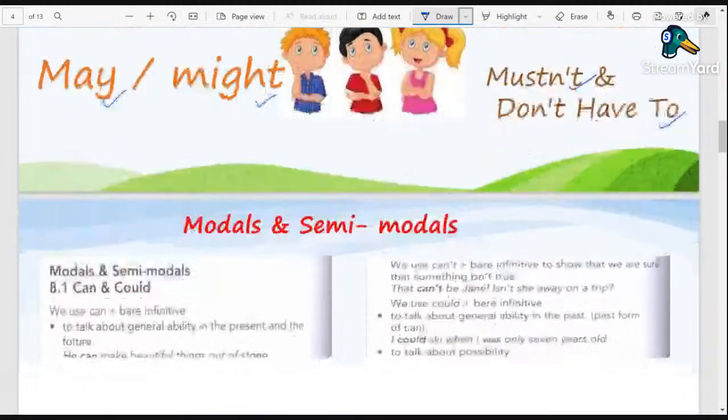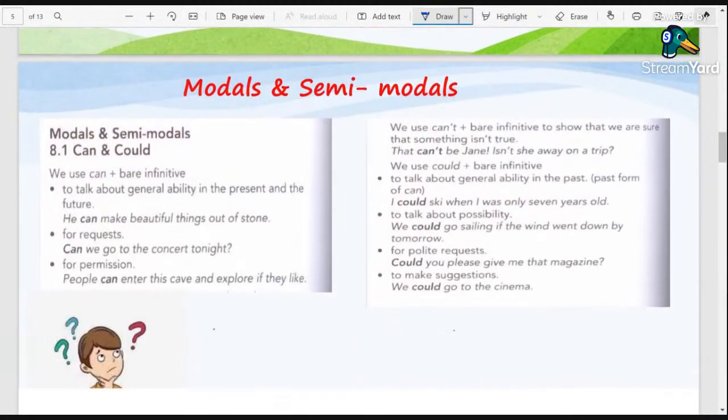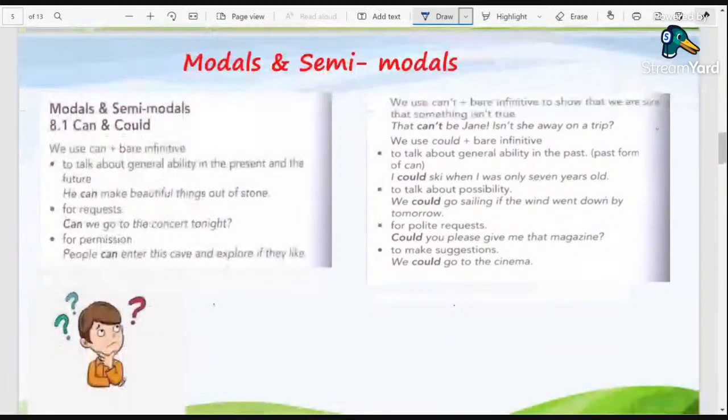So let's look at the first thing here. Okay, as you can see here, modals and semi-modals, can and could. We use can plus bare infinitive. Okay, maybe this is the first thing that we have to get clear lah. Biasanya we use can, kat situ cakap can plus bare infinitive.